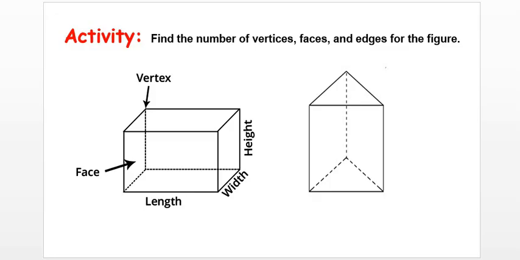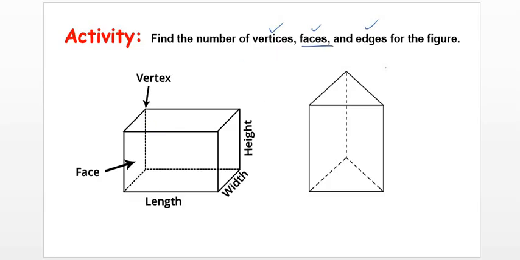If you look at this question, it says find the number of vertices, faces, and edges for the figure. First, we have to understand what is a vertex, what is a face, and what is an edge. All the flat surfaces that are joined together to make a 3-dimensional figure or object are called faces.